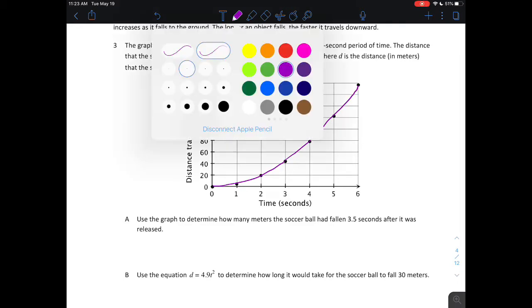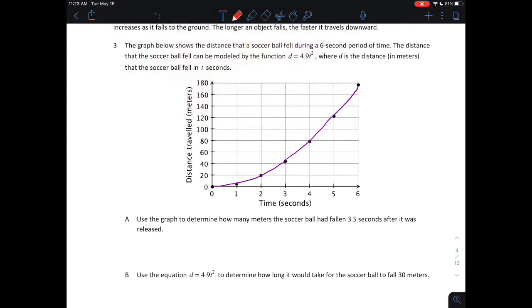And then 3.5 seconds is halfway between 3 and 4 seconds. So if I start there and follow up to my graph, what does it look like the distance traveled is? Looks like approximately 60 meters. So about 60 meters.